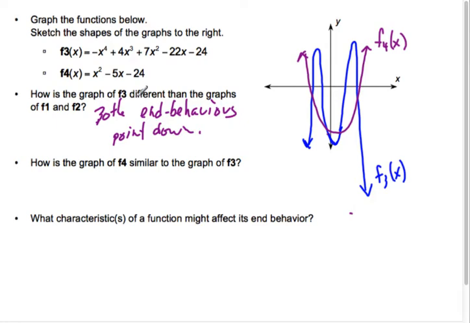Okay. How is the graph of f4 similar to f3? So how are these two graphs similar? Well, they both have end behaviors that point in the same direction.